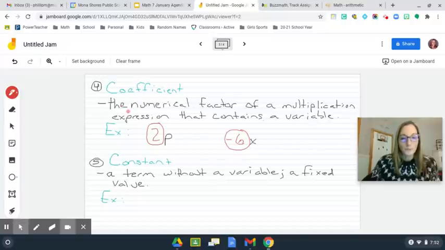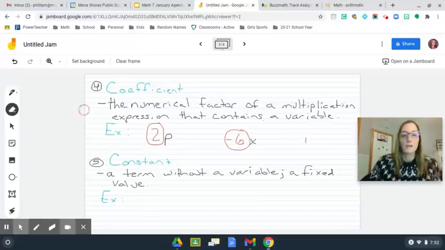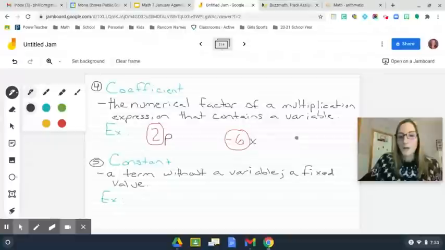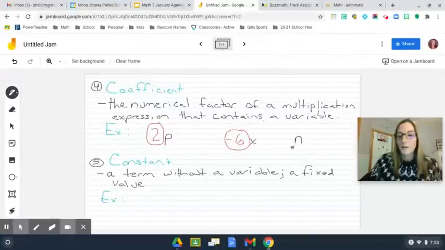I'll do one more. Let's do just n. So if I just said n, what is the number in front of that? There really is one in front. There is a coefficient, we just don't see it.